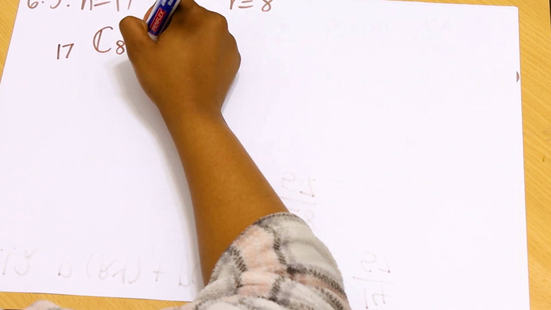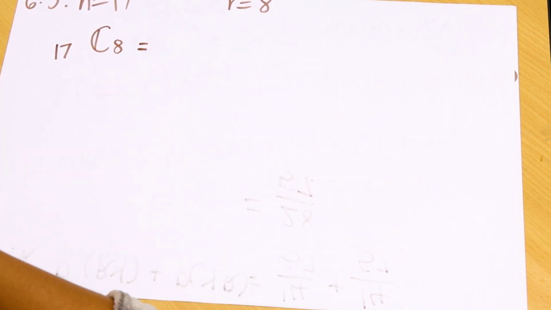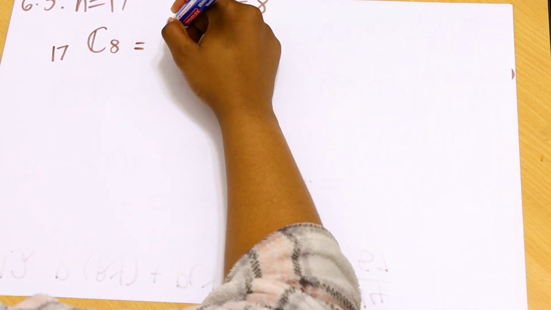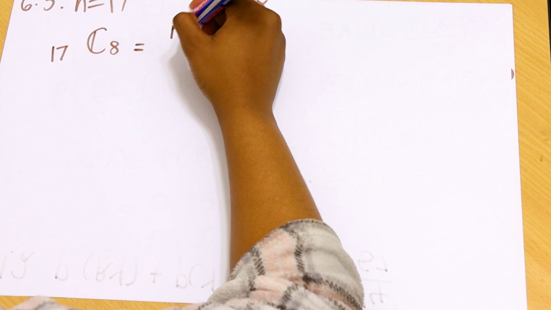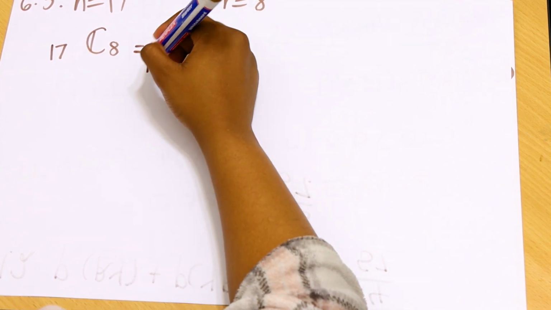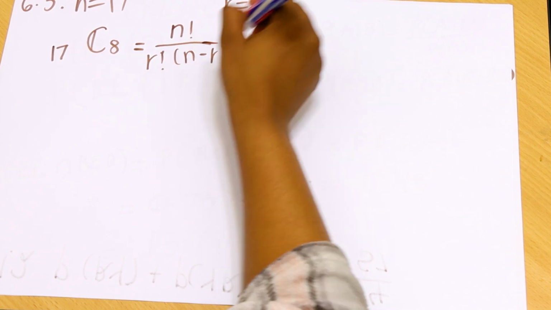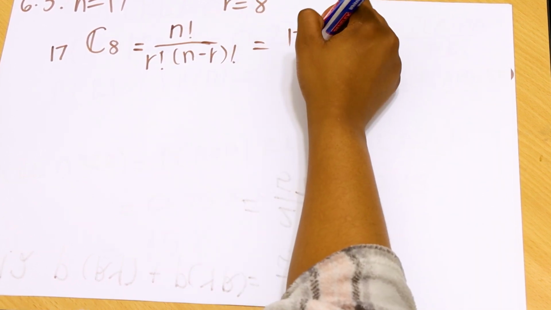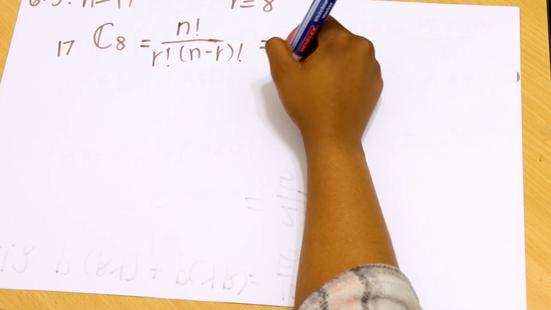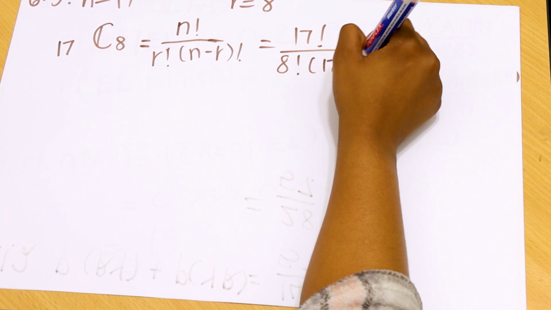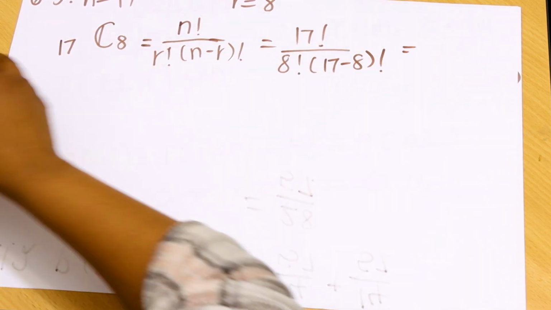C8, right? You can get this directly from the calculator, but I'm just going to show you the whole process. You know that combination is n factorial divided by r factorial times n minus r factorial. So it's 17 factorial divided by 8 factorial multiplied by 17 minus 8 factorial.